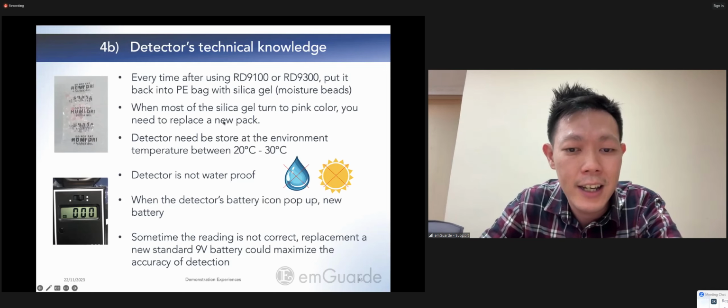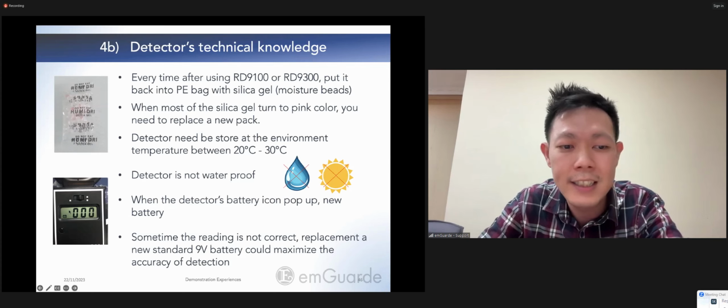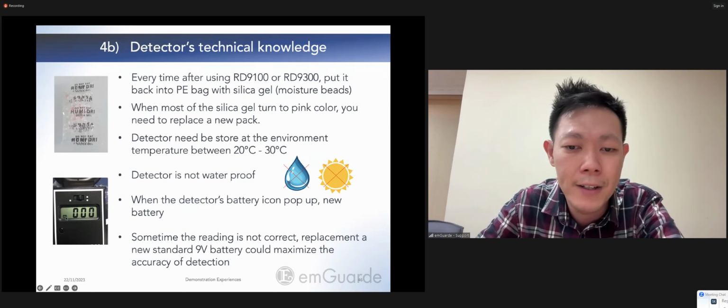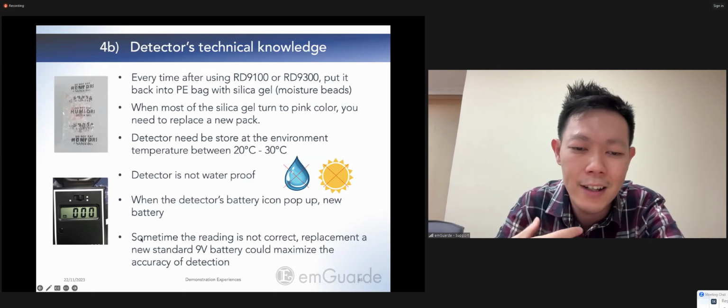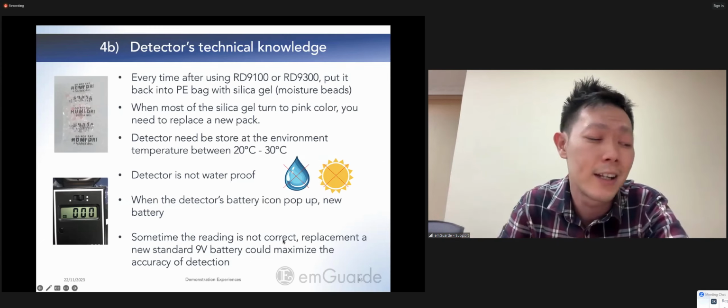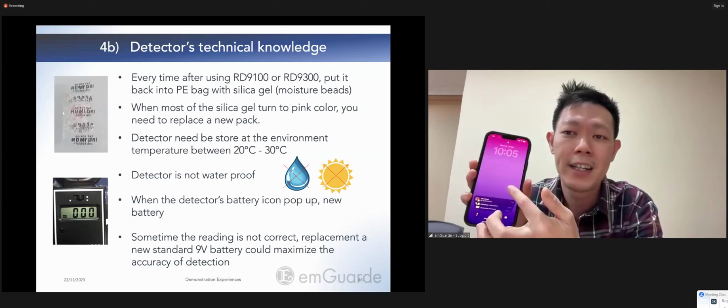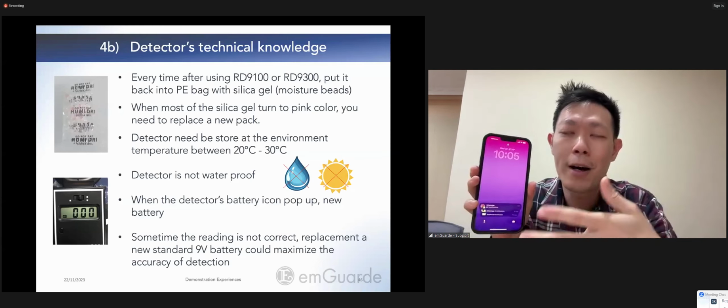Okay, and another thing, you can see on my cursor there is a battery icon coming out. If it pops up, it is actually asking you to replace with a new battery, and sometimes the reading may not be very accurate. Like my phone, normally when I turn on the screen, the reading may go up to 2000.